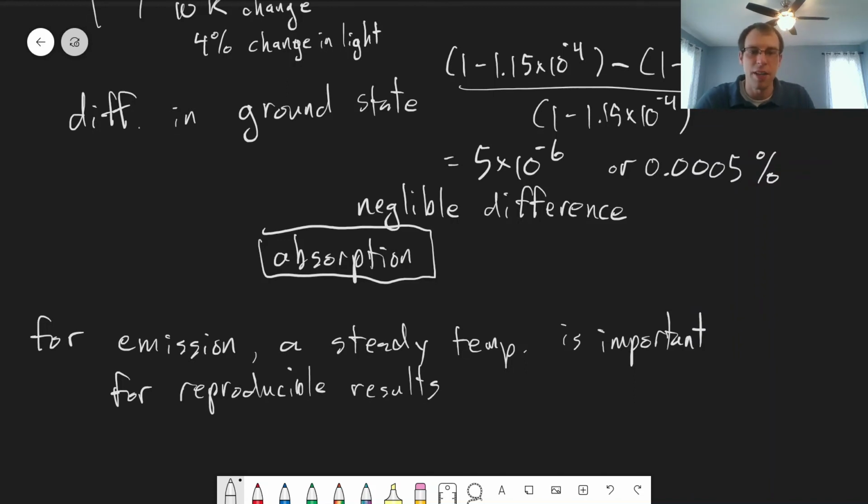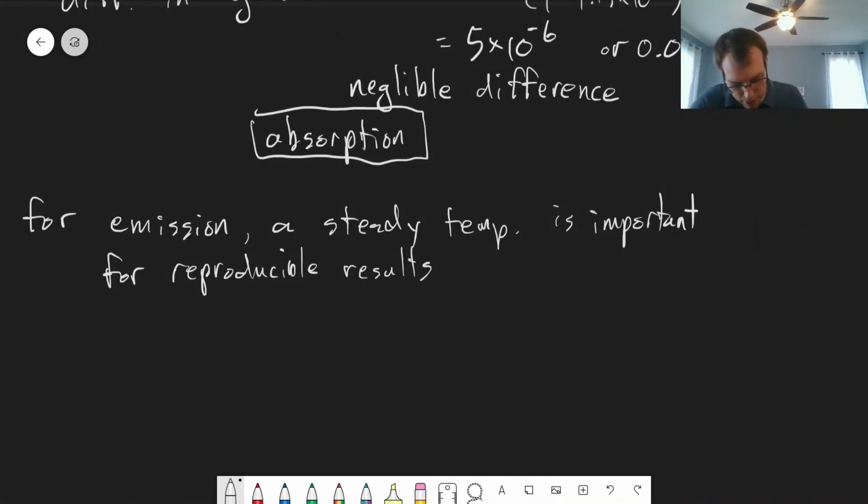And of our atomization sources, ICP has the most reliable steady temperatures, just with the way that the plasma is formed, whereas a flame has pretty large temperature fluctuations. So emission really likes ICP.